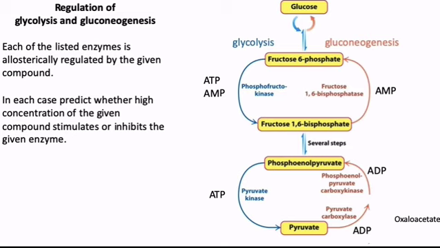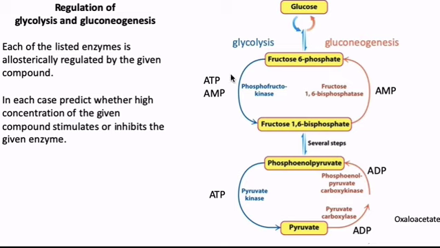I'd like to try a simple example of regulation. Here I'm showing glycolysis to the left, gluconeogenesis to the right, and I'm showing the key regulated enzymes, phosphofructokinase and pyruvate kinase. Each of these enzymes is allosterically regulated. Allosteric means other site.